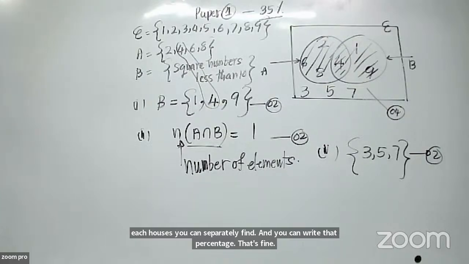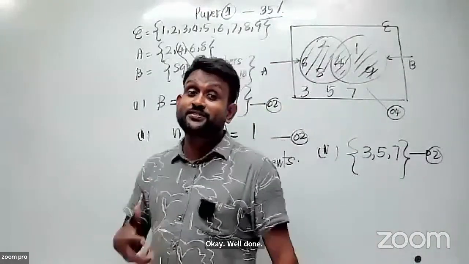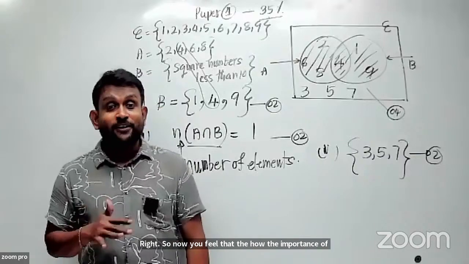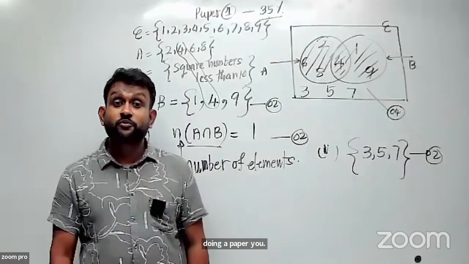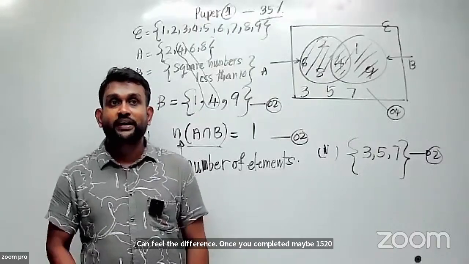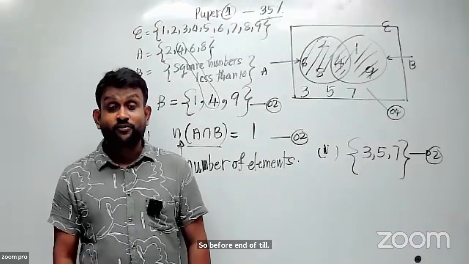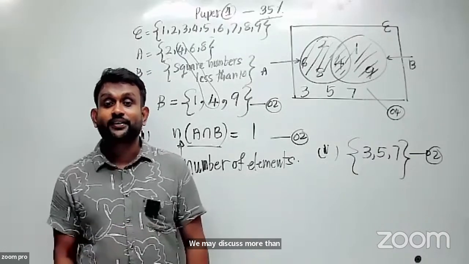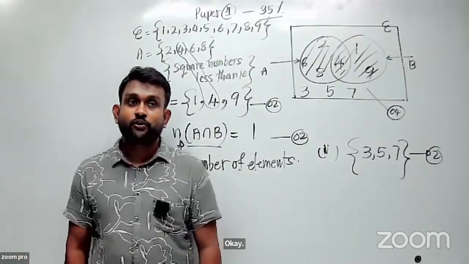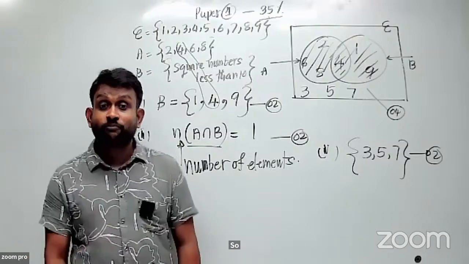Okay. Well done. So now you feel the importance of doing a paper, right? You can feel the difference once you have completed, maybe 15, 20 papers, you will be very satisfied. Before the end of grade 10, we may discuss more than 25 papers. So now we are at paper number 2. Today or tomorrow I will upload paper number 3 to my web.